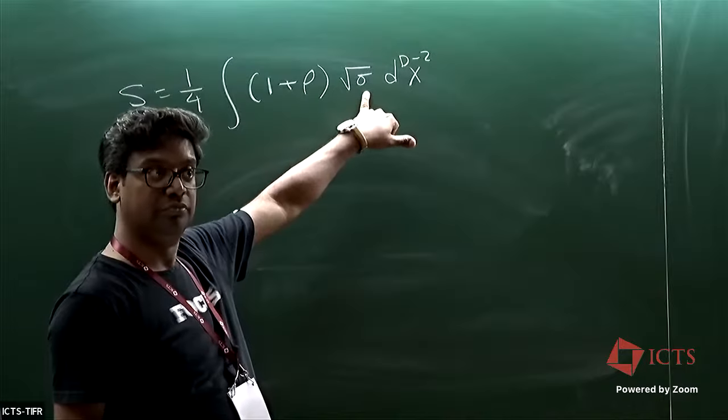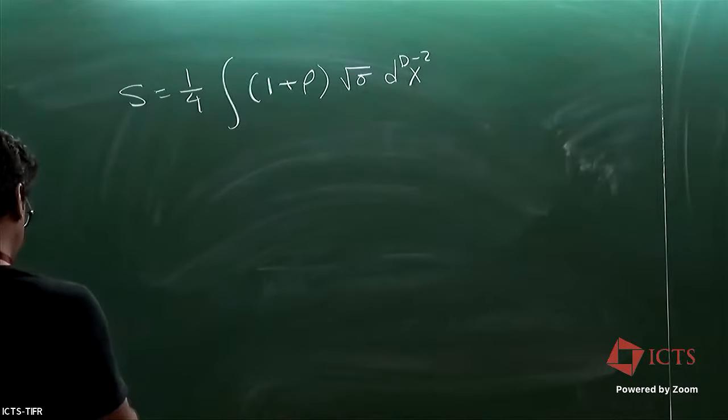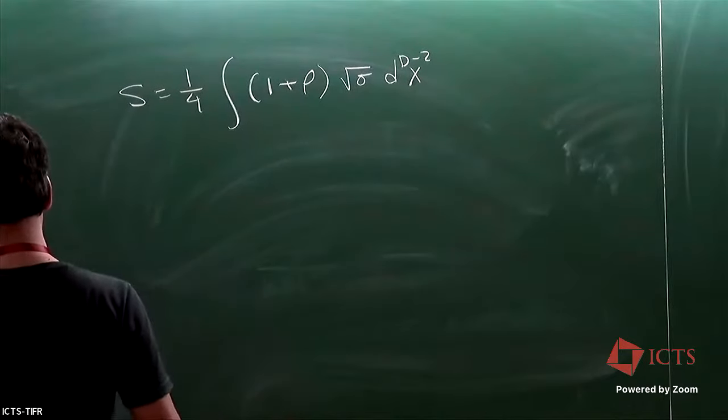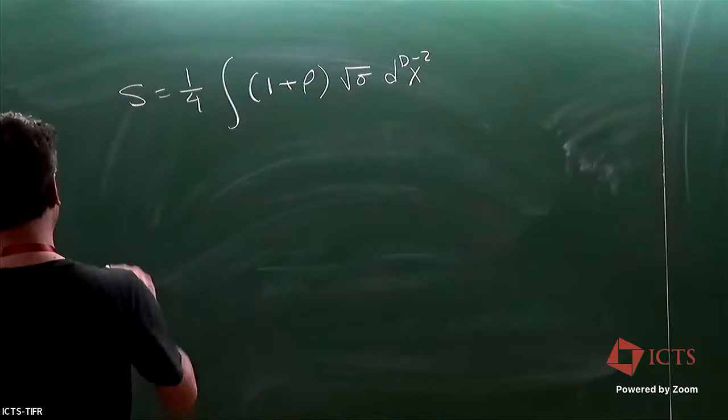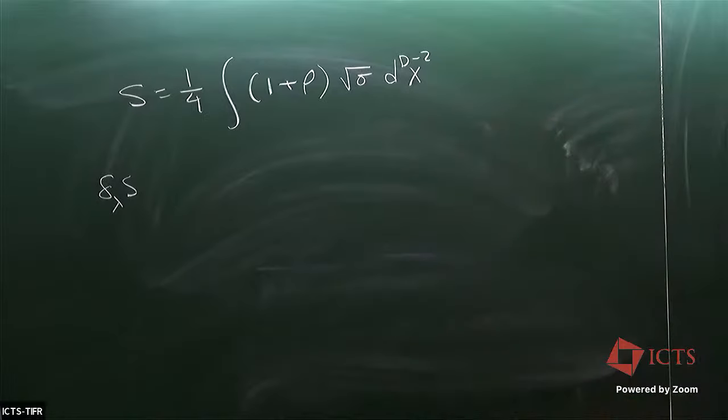So let me write down what I mean by delta S. I put a suffix lambda. What it means is that I'm changing the variation, and the variation is how things are evolving from one cross section to another cross section.